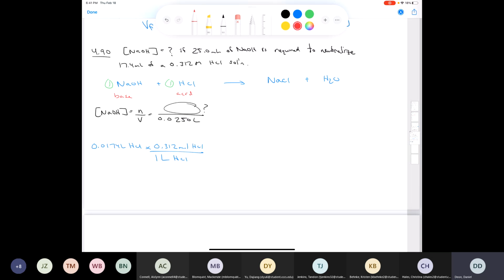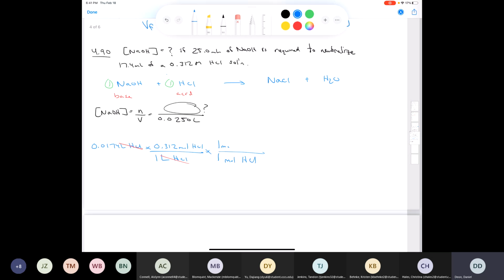Look, if I was to stop here, my volume of HCl cancels, and I just have the number of moles of HCl, but I want the number of moles of sodium hydroxide. But look, the stoichiometric ratio is for every 1 mole of HCl, right? I use 1 mole of sodium hydroxide.